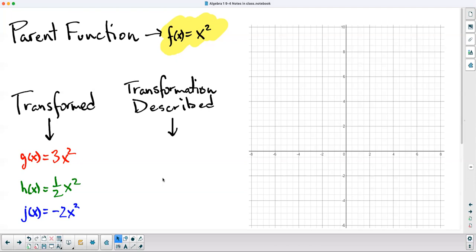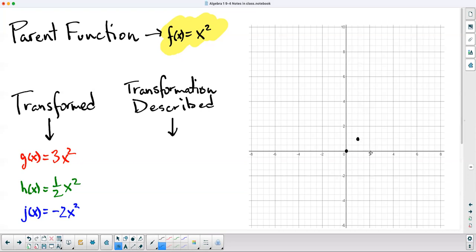Okay, so what I'm going to do first is I'm going to graph the parent function, which is just regular x squared. And the way that we're going to graph that is it starts at 0, 0. And then over 1, up 1. So like if I put 1 in place of x, the answer is 1. So I go over 1, up 1.